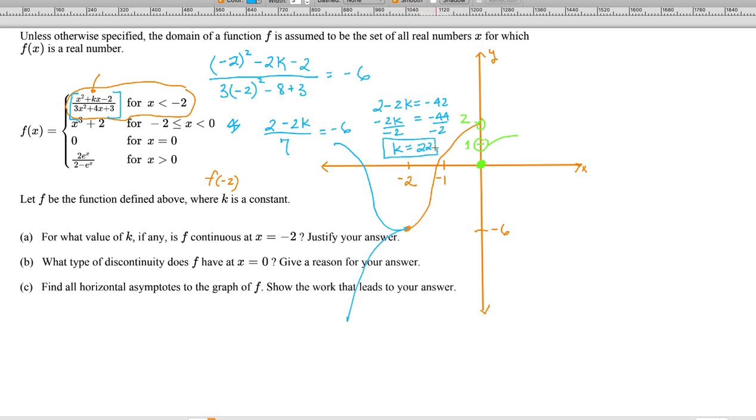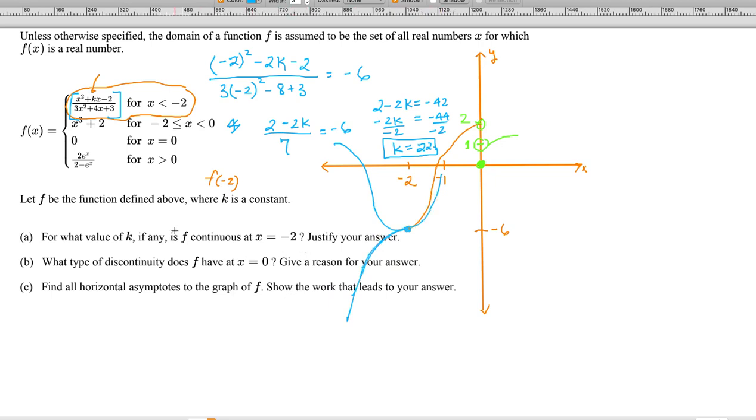Once I have k being positive 22, I know that's a value that's going to make this continuous. If k is 22, then it either looks like this or like this, but it meets at that -6 value, and it is continuous as I go along here.